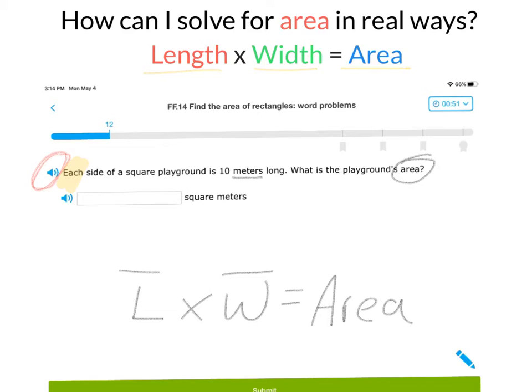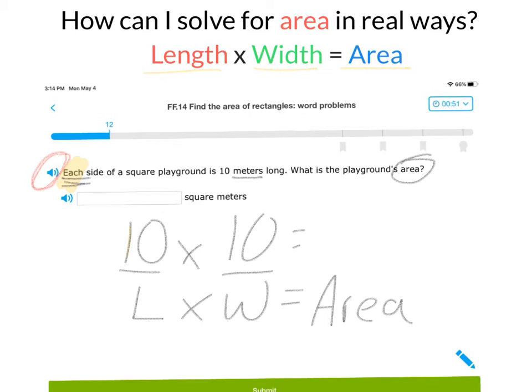So when this says each side of a square playground is 10 meters long, that means that the length is 10 meters long. And the width is also 10 meters long because they're each 10 meters long. So now all you have to do is figure out what 10 times 10 is.